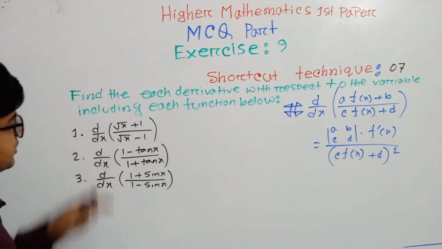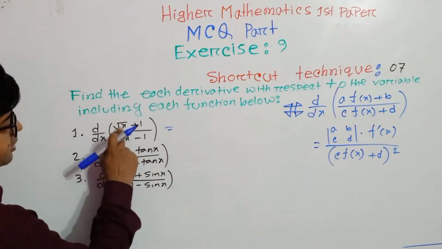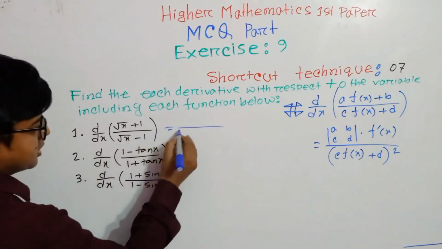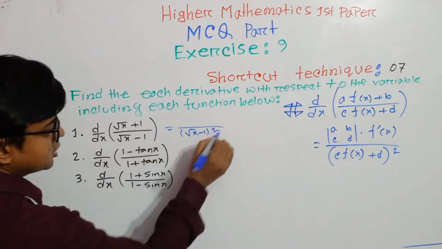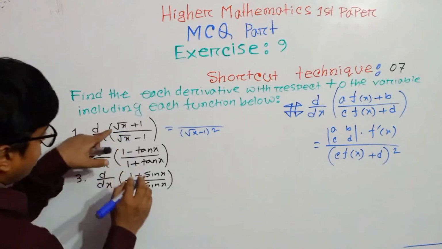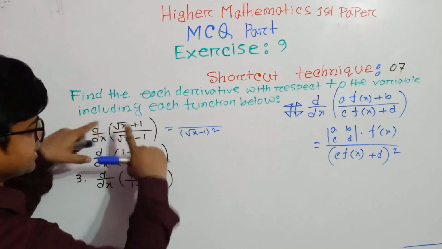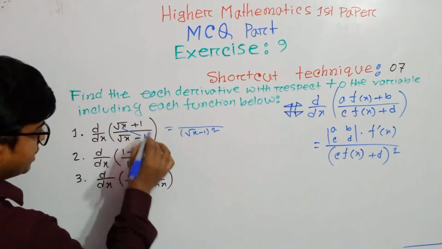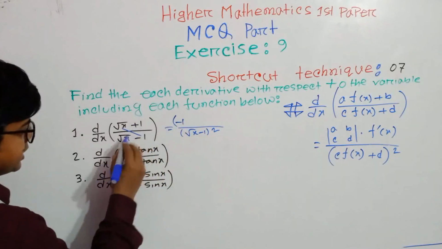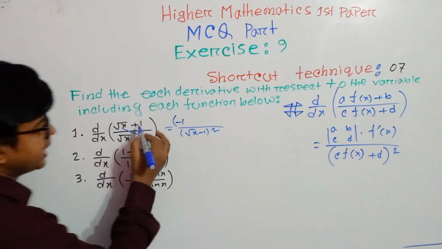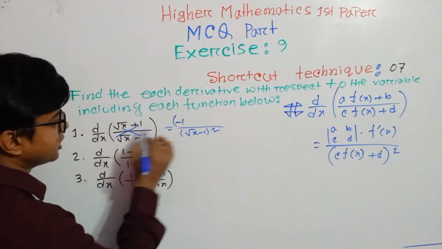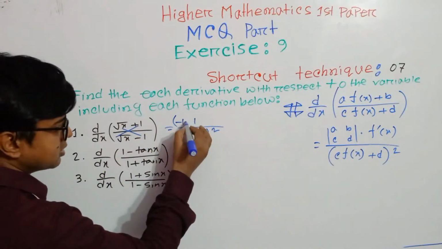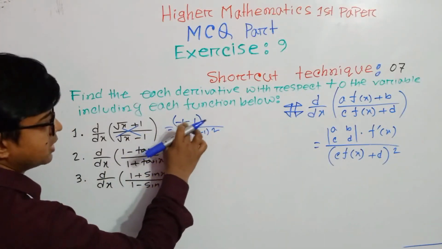So for this type of math we can apply this formula. Look at this here: (root over x plus 1) by (root over x minus 1), so (root over x minus 1) whole square. Here the coefficient of root over x is 1 and here minus 1, so cross multiplication it will be minus 1, and here the coefficient of root over x is 1 and this 1, after multiplication it will be 1, and the formula has minus, so we can write minus 1.